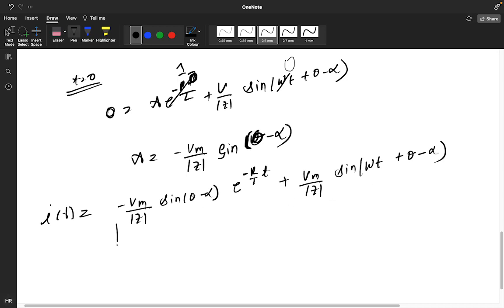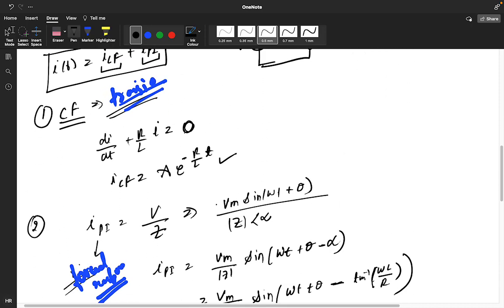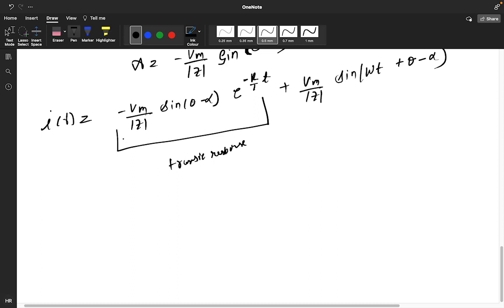So this particular term is your transient response, A e^(-Rt/L), this particular is your A, and this is your forced response.